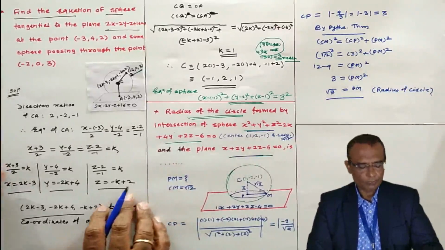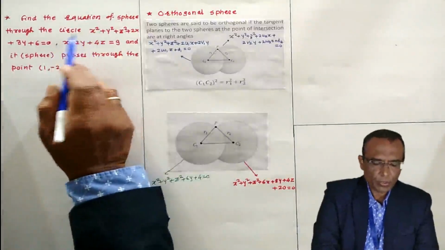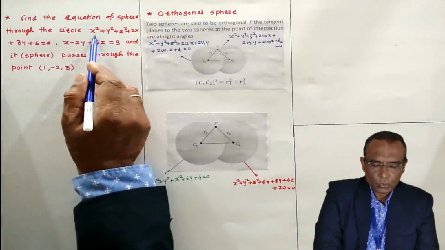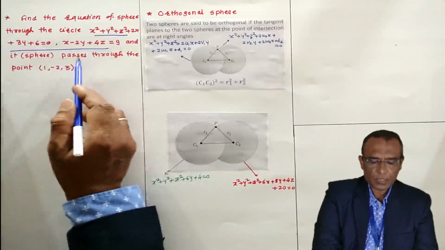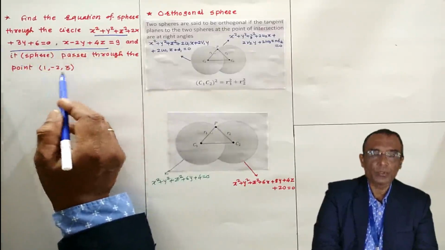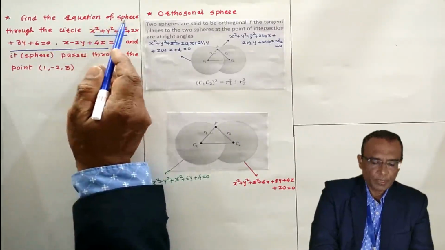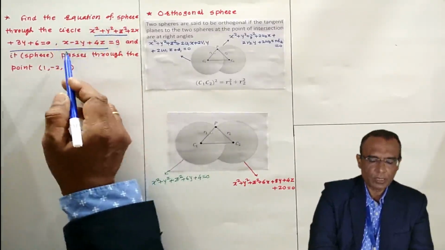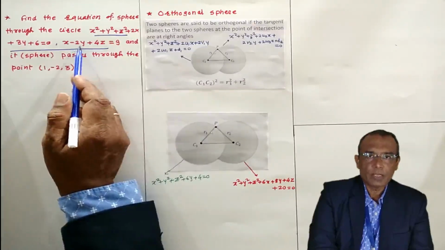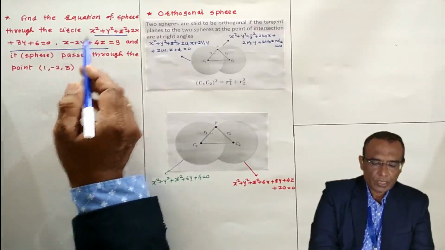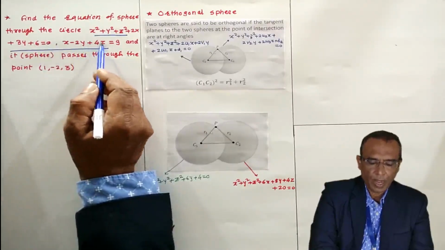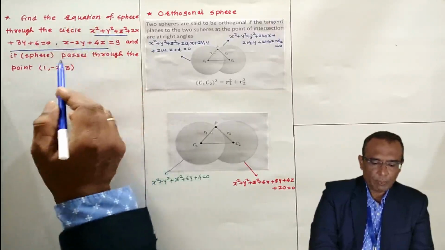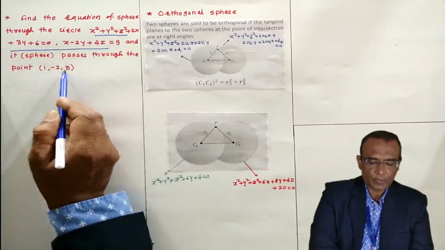Now, the next problem. Find the equation of the sphere through this circle, and the sphere passes through the point (1, -2, 3). The equation of the circle is not directly given. The circle is the intersection of this sphere and the plane, and the required sphere passes through this point.